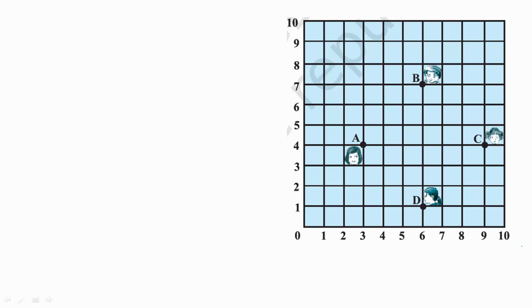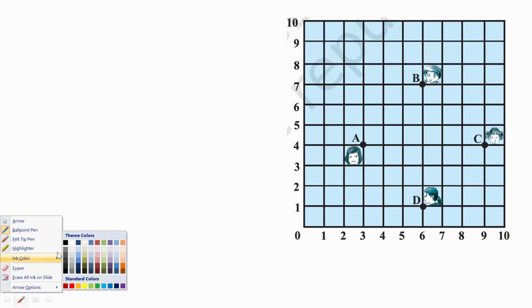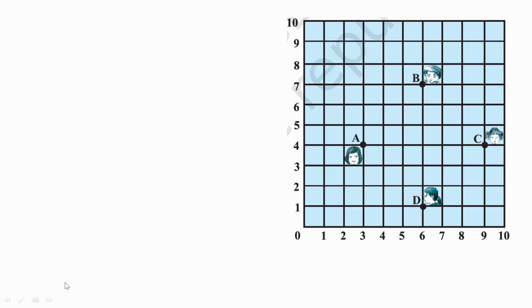Now see the next question, question number 5. In a classroom, four friends are seated at the points A, B, C and D, as shown in the figure.